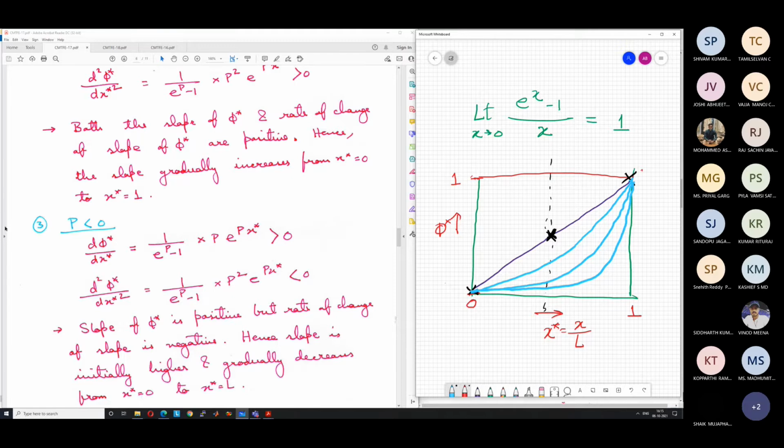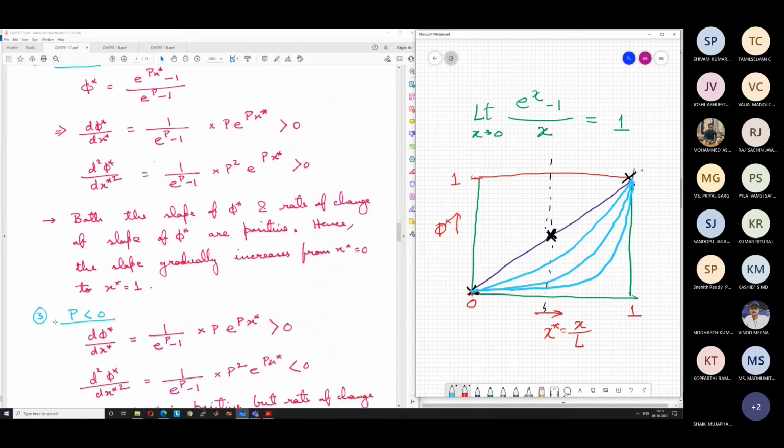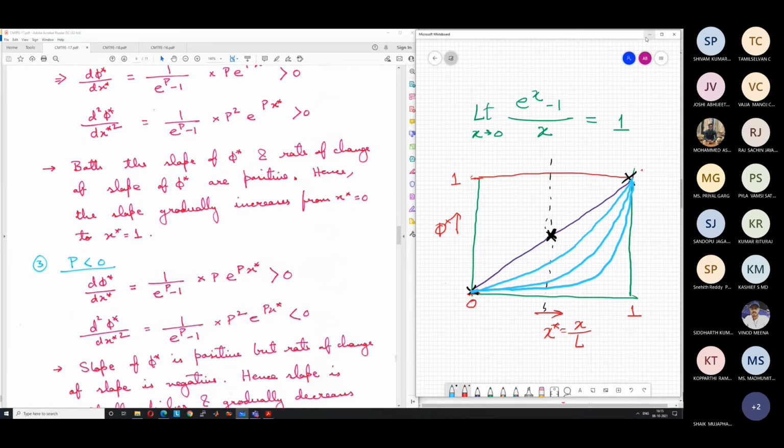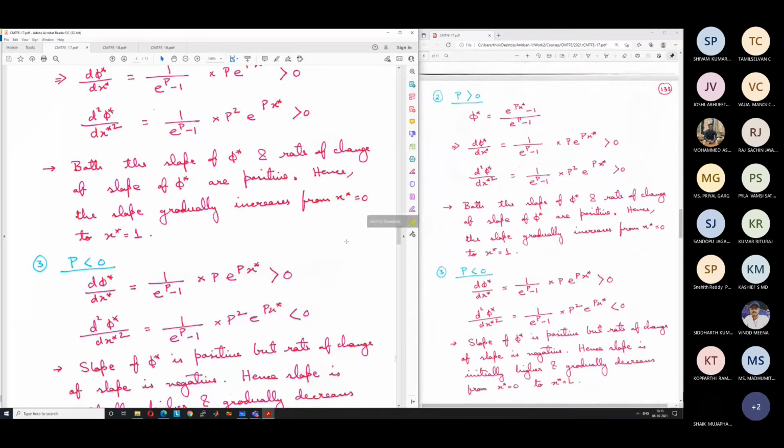So again, d phi star dx star is equal to, we'll come to this later, 1 by e to the power p minus 1 into p e to the power p x star. Okay, so this we have already derived.